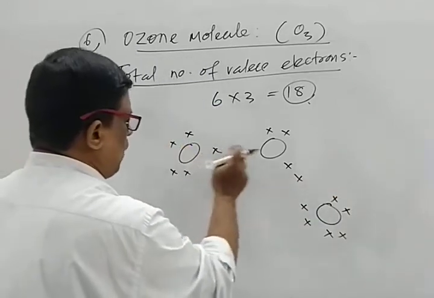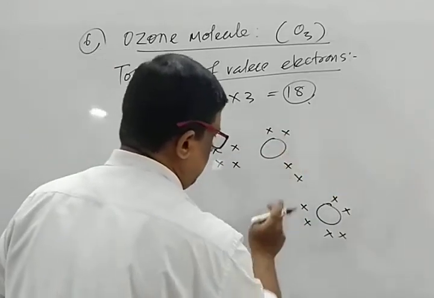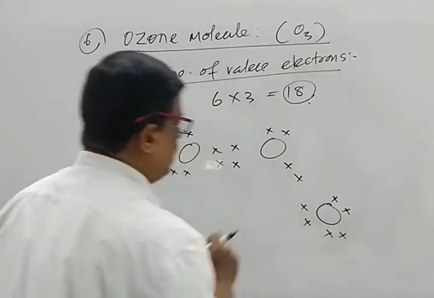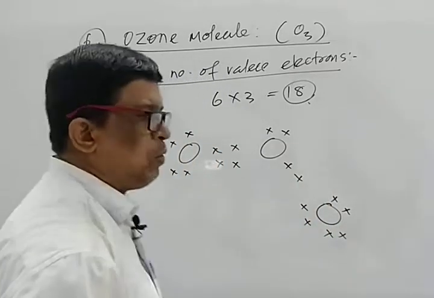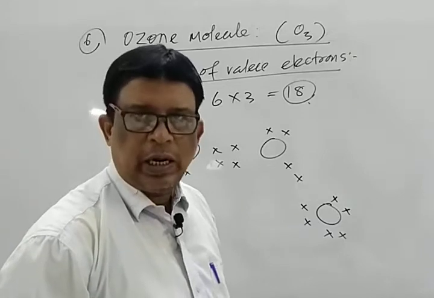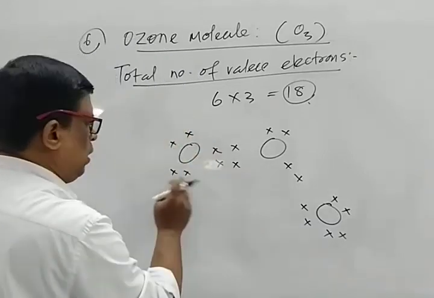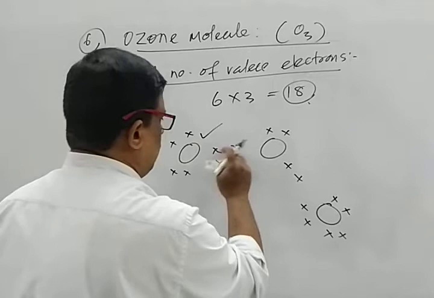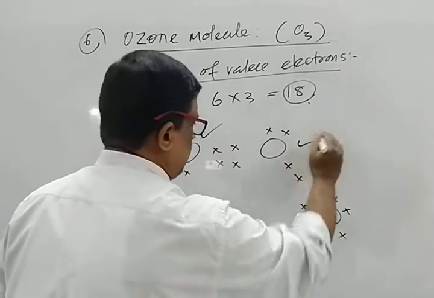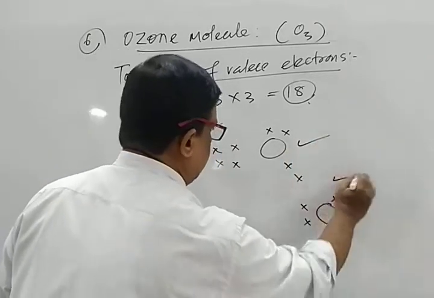Count 1 to 18. So next we have to verify the octet for each one. 1 to 8, octet; 1 to 8, octet; 1 to 8, octet.